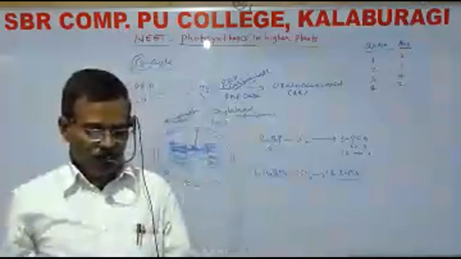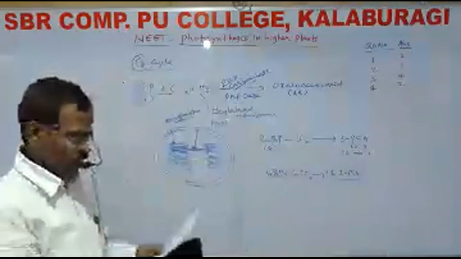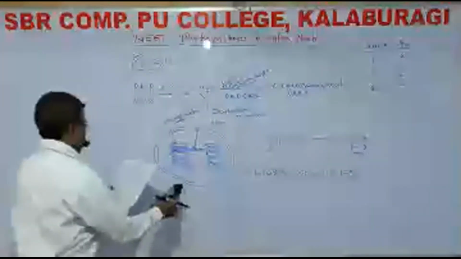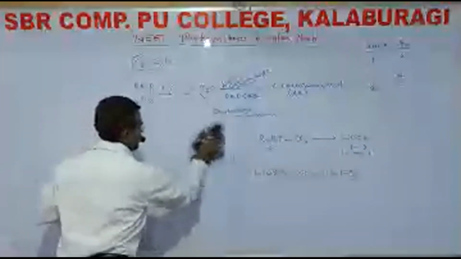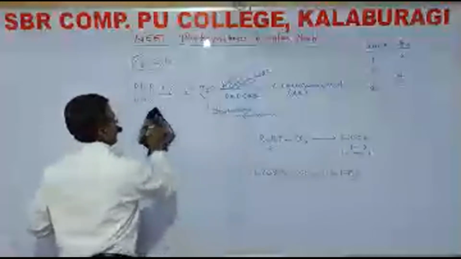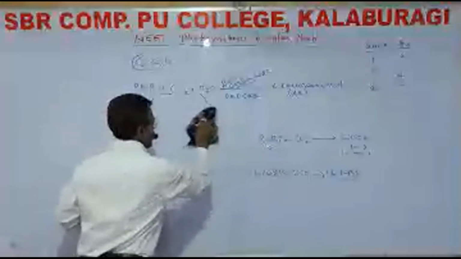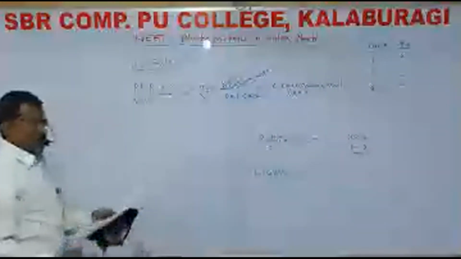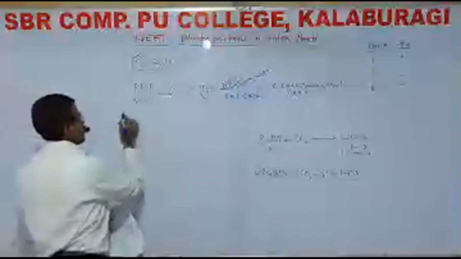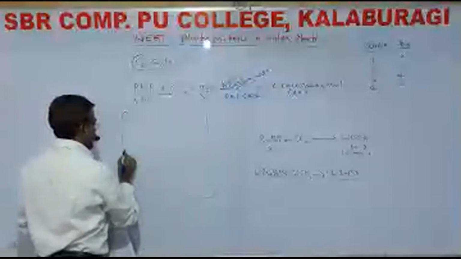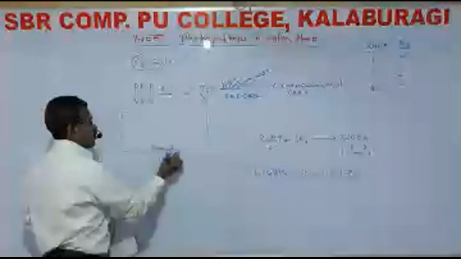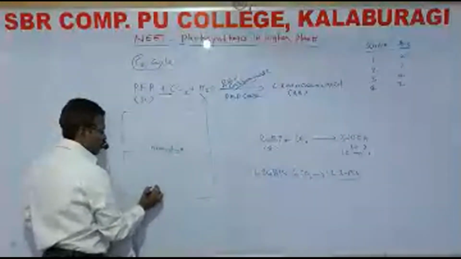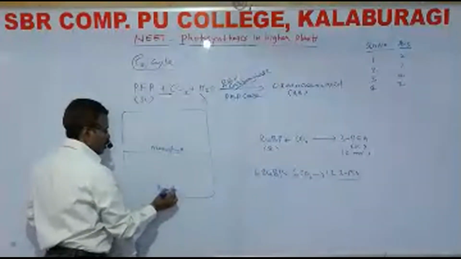Malic acid or aspartic acid and oxaloacetic acid are both found in... This is the chloroplast of the mesophyll cell. This is the chloroplast of the bundle sheath cell.